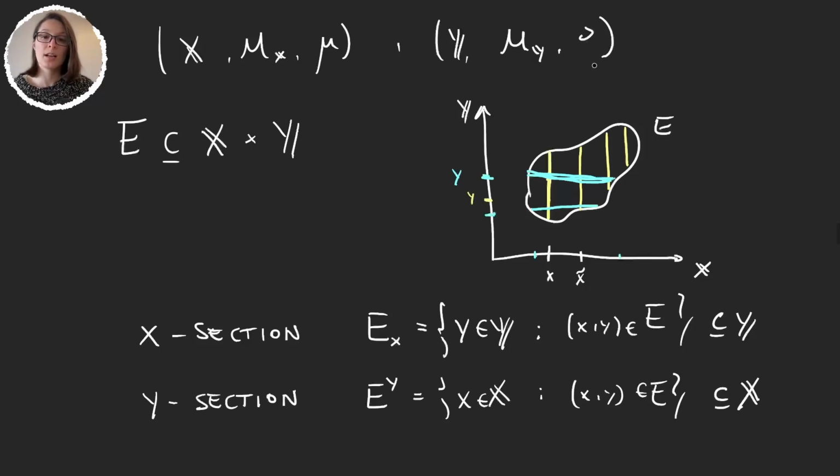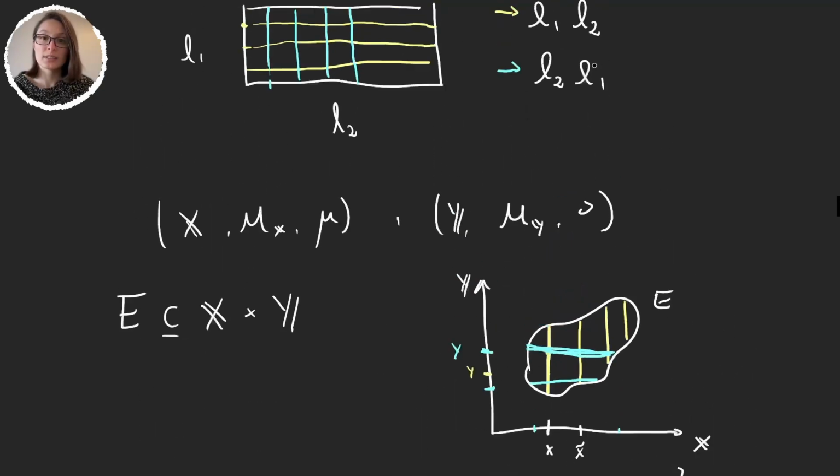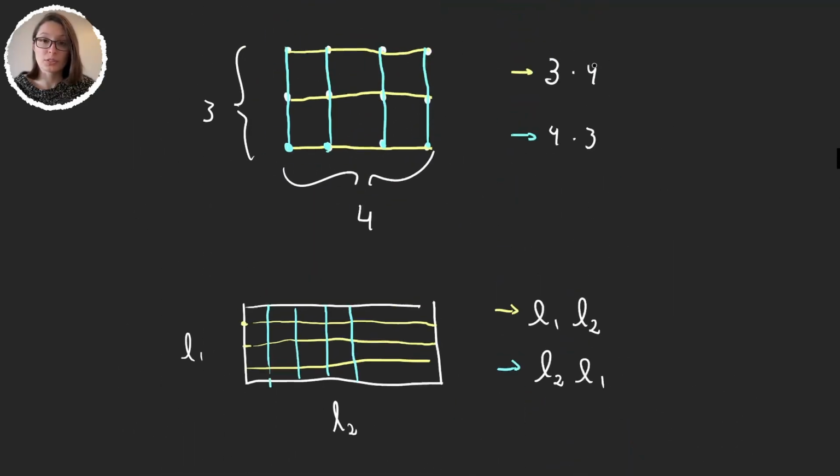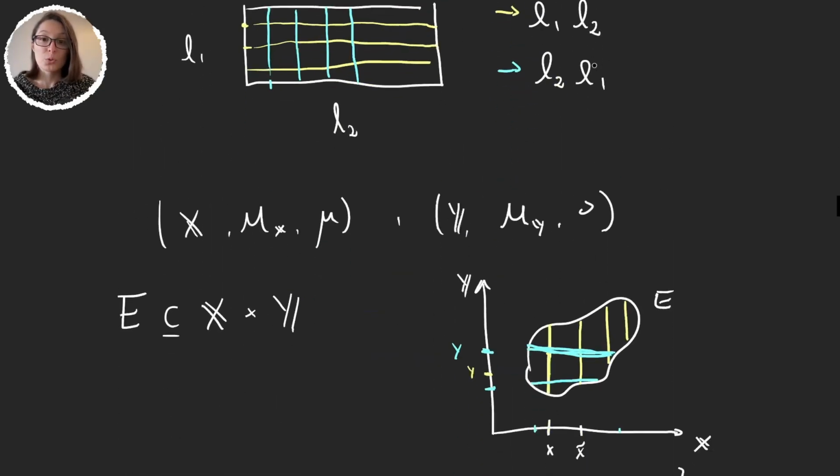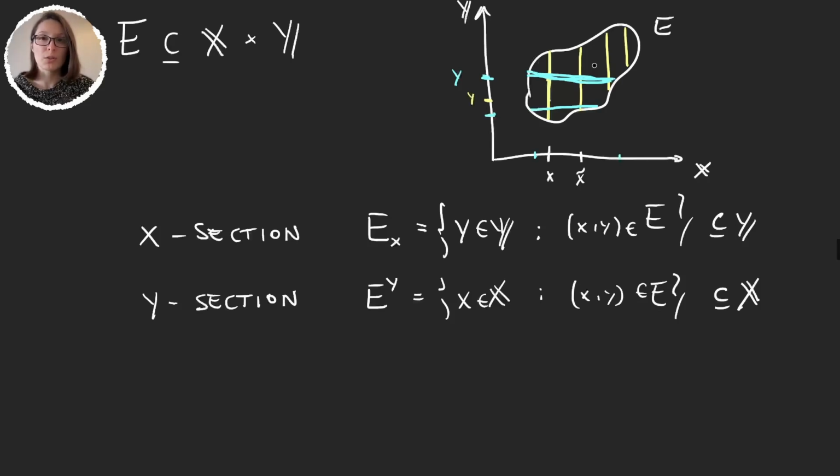Okay, so this is again just generalizing this very trivial thing that we know how to do since kindergarten to a more general setting, which is the setting of measure theory.